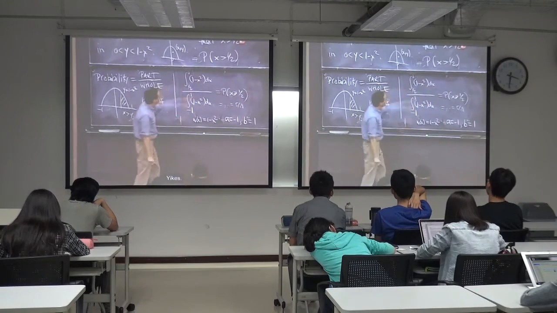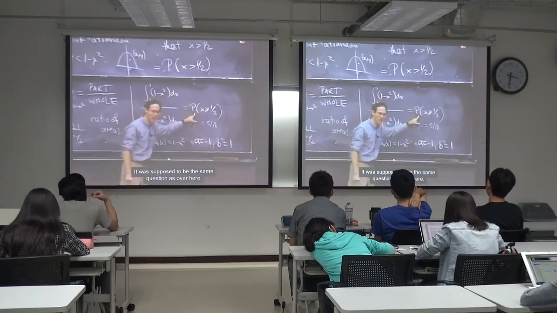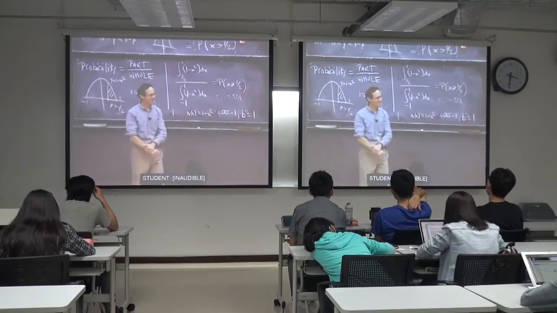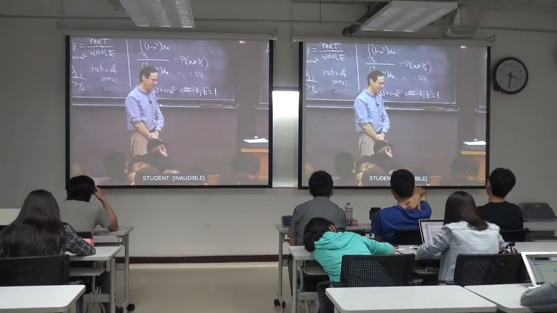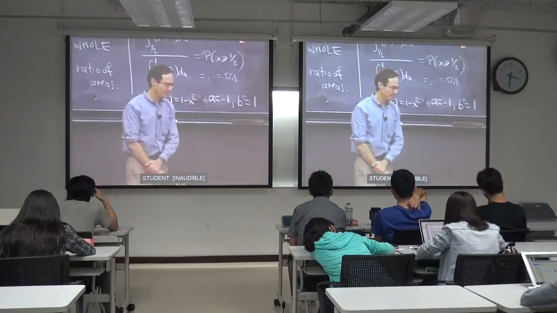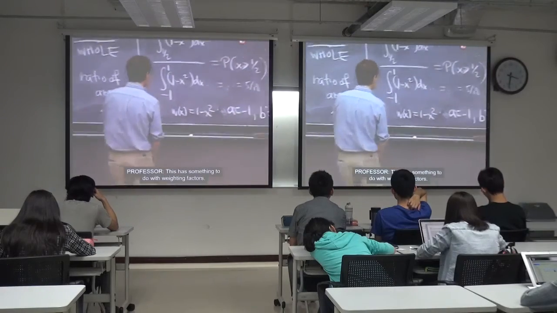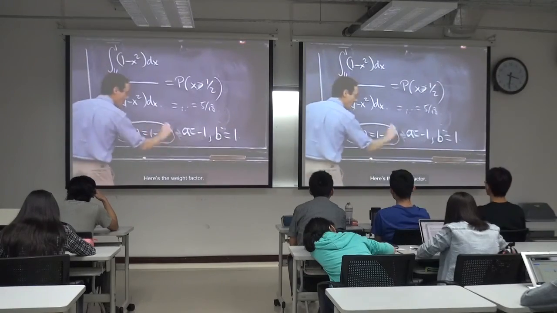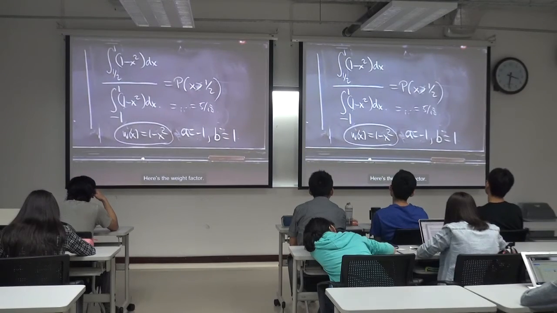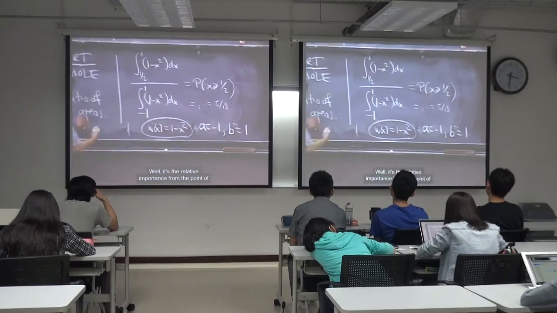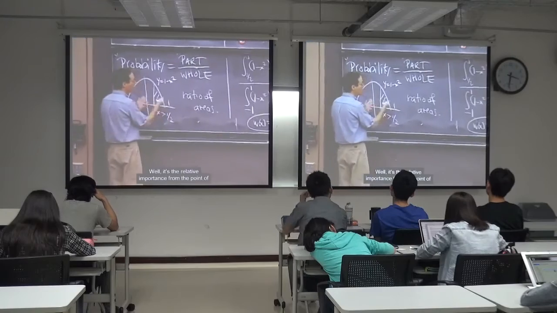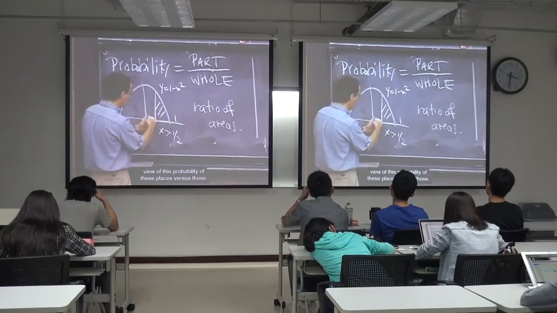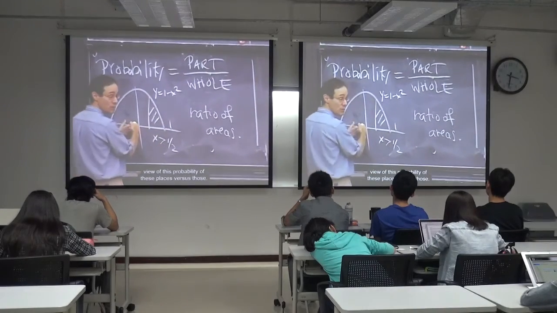It was supposed to be the same question as over here. This has something to do with weighting factors. Here's the weight factor. Well, it's the relative importance, from the point of view of this probability, of these places versus those.